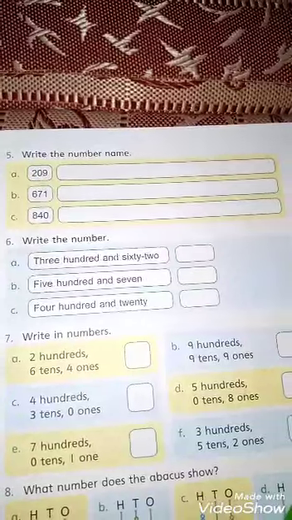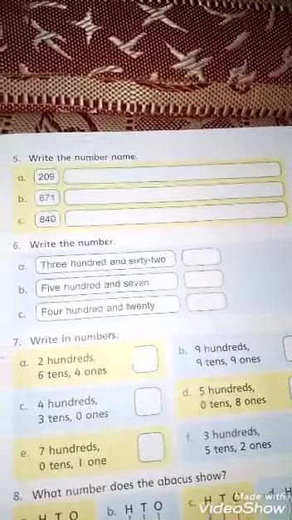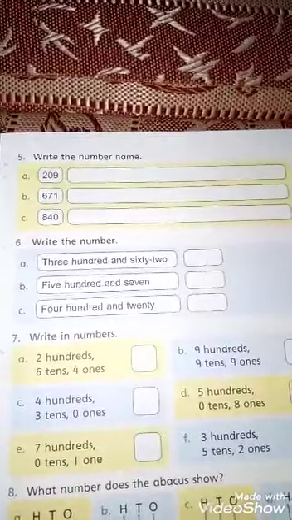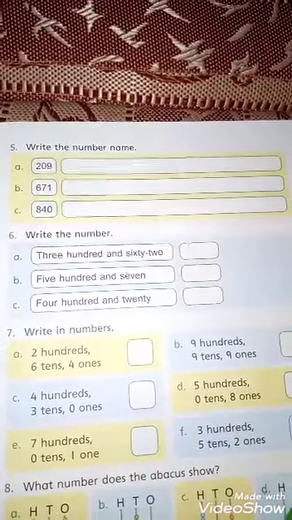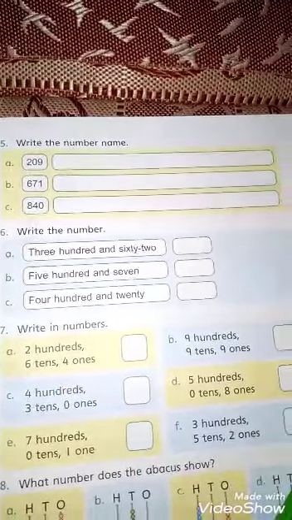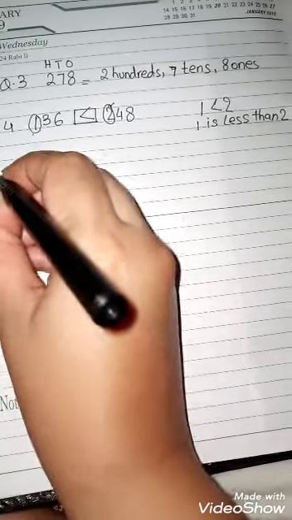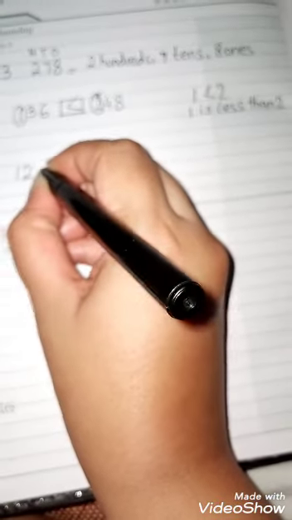Now question number 5 of your homework is write the number name. We can solve this question by spelling. Let's suppose the number is 128.